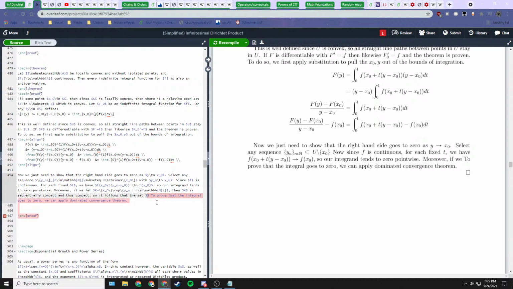Naturally then the product K times the interval 0, 1 is also compact.